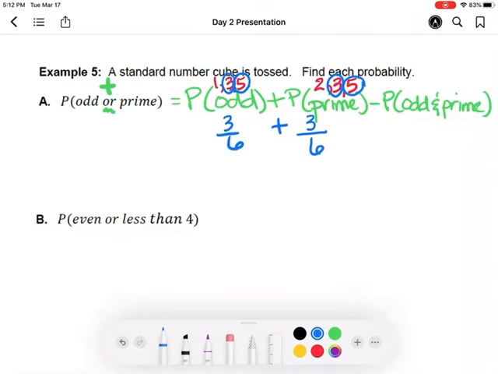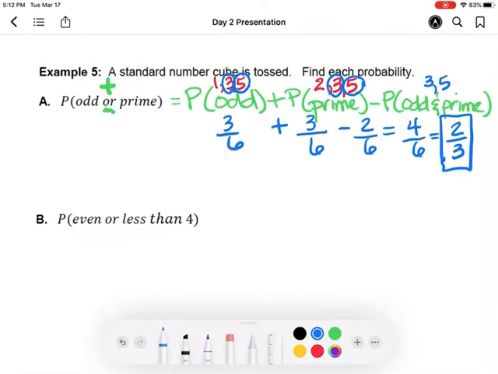We can't just say that is 6 out of 6, because we counted the 3 and the 5 twice, once for being odd and once for being prime. So my odd and prime are my 3 and my 5, and we are going to subtract out 2 out of 6. That leaves us 6 minus 2, which gives 4 out of 6, or a 2/3 chance of getting an odd or a prime.